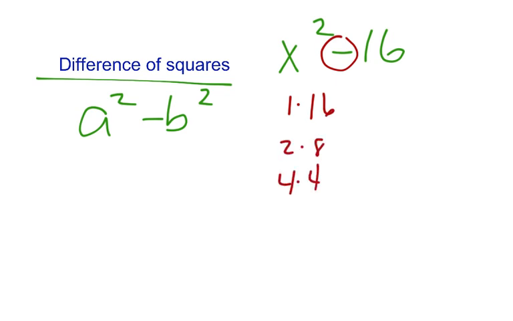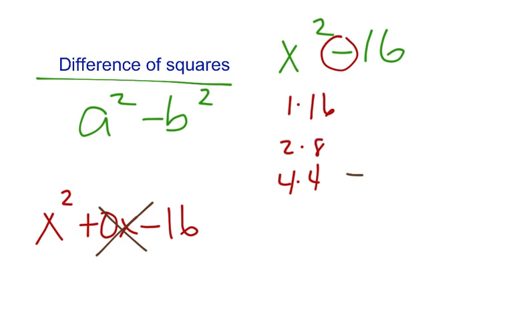One's positive, one's negative because it's minus 16. And then the middle number, they're going to combine to be 0, because it's really written x squared plus 0x minus 16. Of course, we don't write the 0x because you don't need 0 written. So it's x squared minus 16. So 4 minus 4 is 0. That's what we want. That's the winner. So it's going to be x minus 4, x plus 4.